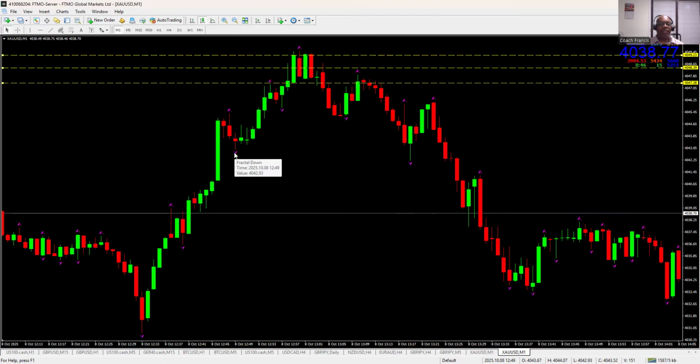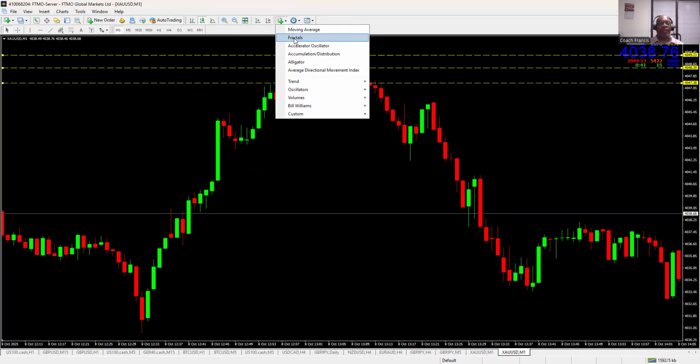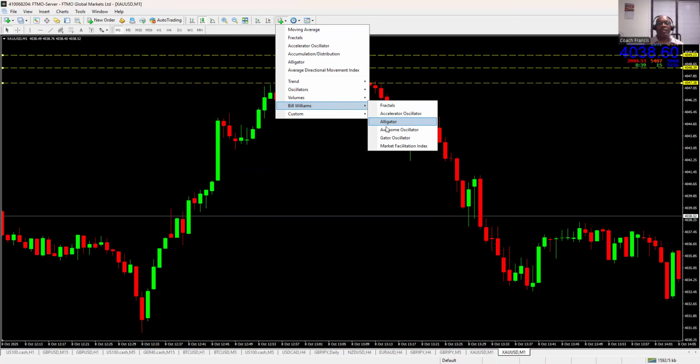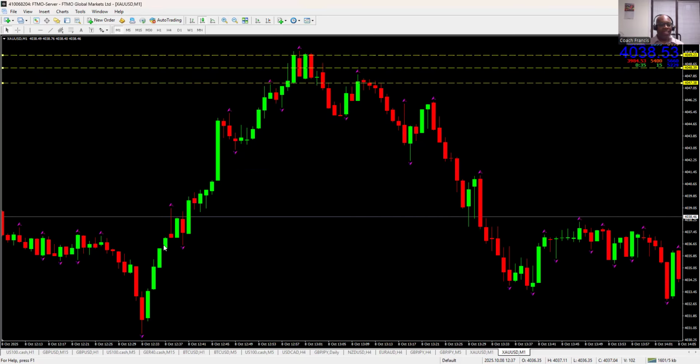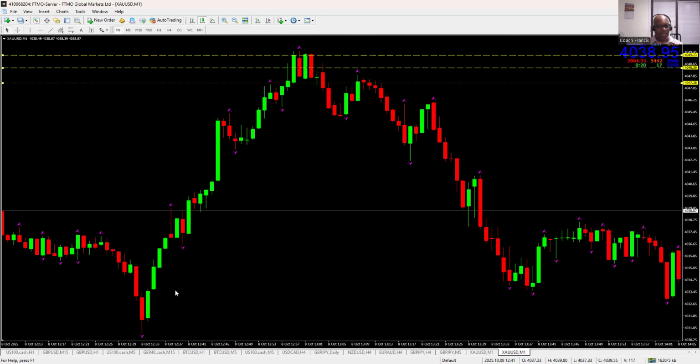Let's take it off and do it again. You go to Bill Williams, fractal. This helps you identify when there is some sort of pullback. It might be a shallow pullback, might be a deep one, but it helps you identify a pullback. It also helps you identify swings in the market.